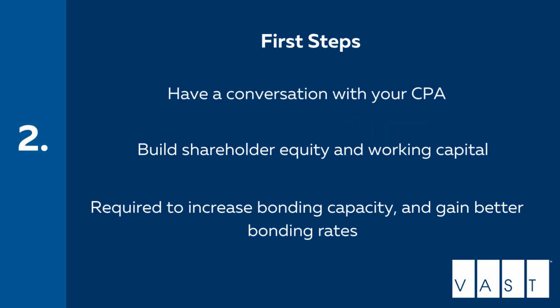For this video, tax strategy and investment bonding, as a business owner who seeks to obtain bonding for projects, you must have a conversation with your CPA as they focus 100% on reducing your tax liability at the end of every taxable year.